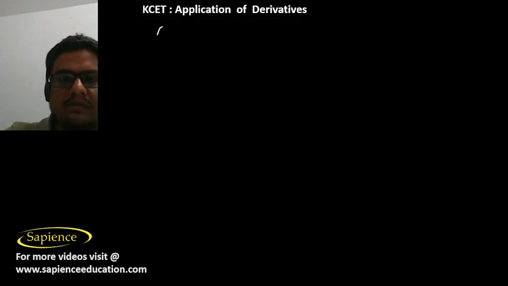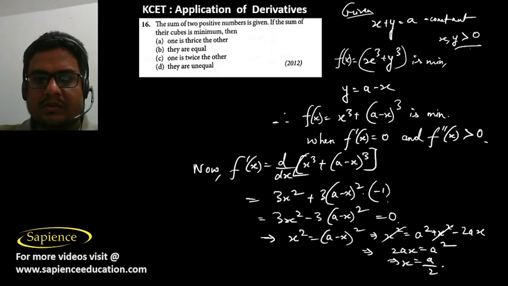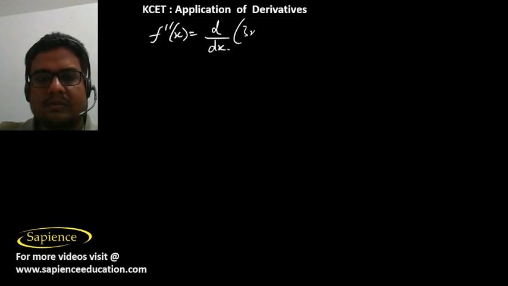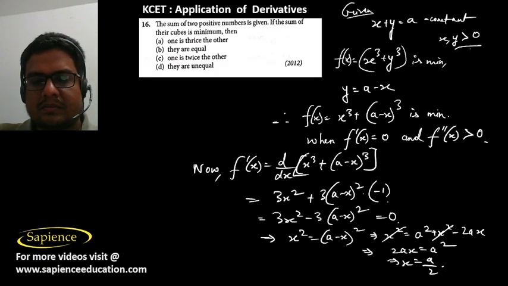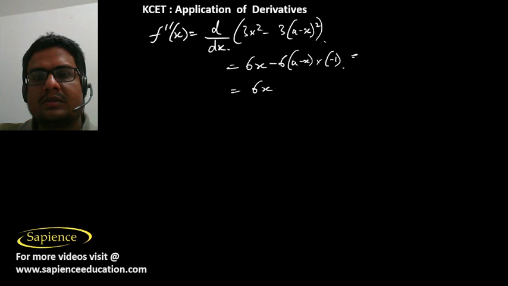Then we have to find f double dash x also. f double dash x will be equal to d by dx of 3x square minus 3 into a minus x whole square. That will be equal to 6x minus 3 into 2 into a minus x into minus 1. That is 6x minus 6a, so plus 6a minus 6x should cancel out.